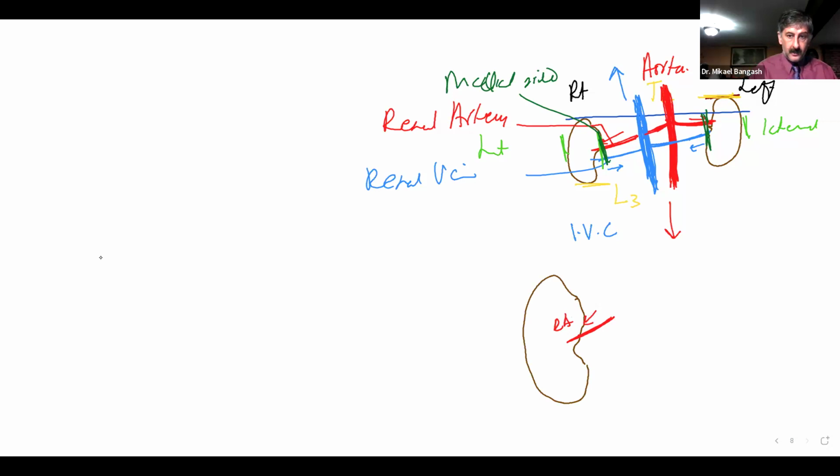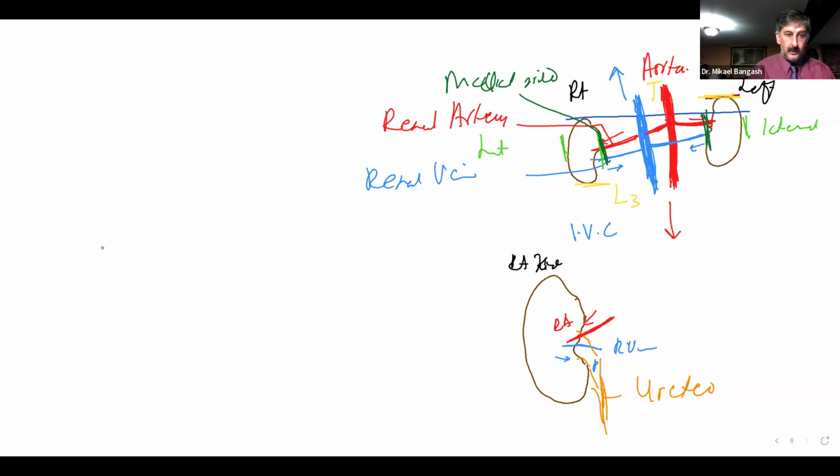At this same medial side of your right kidney is going to be the renal vein leaving the kidney. And what we also have at this point is where our ureter will leave the kidney.